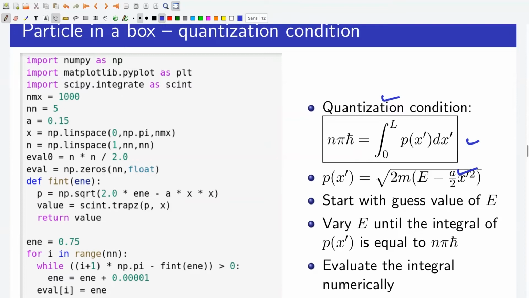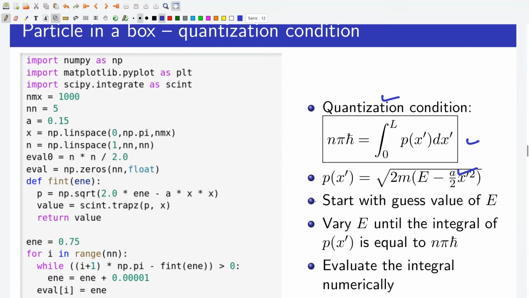In this case, since we do not know E, we have to start with some guess value of E. The energy of the ground state for V equal to 0, which is known analytically, can be a good guess value, because the energy for V greater than 0 will always be more than the ground state energy for V equal to 0.